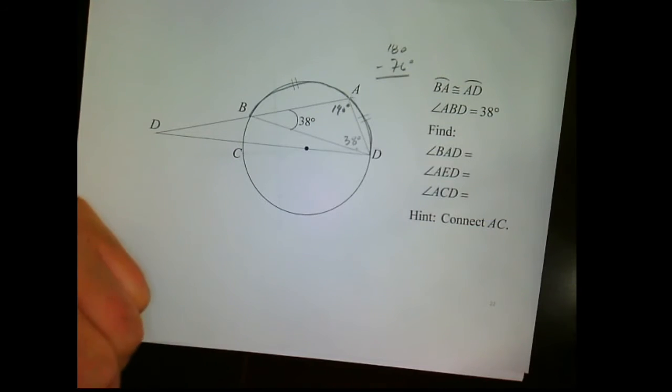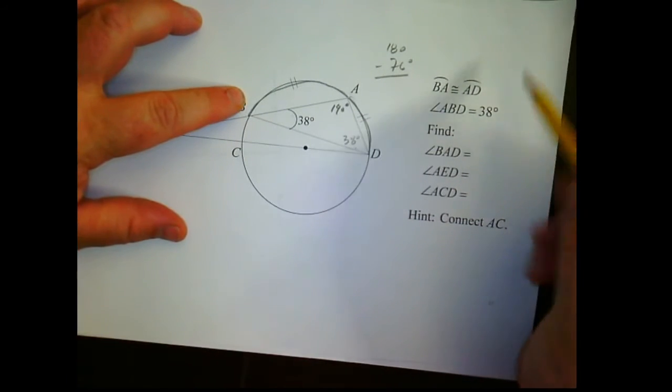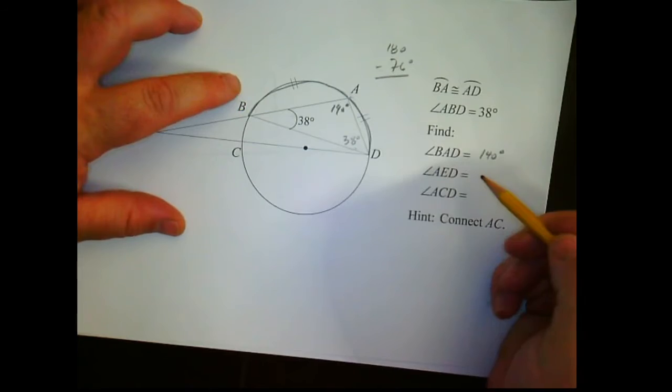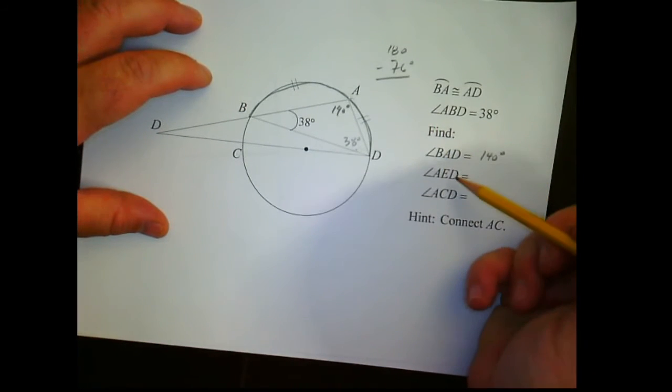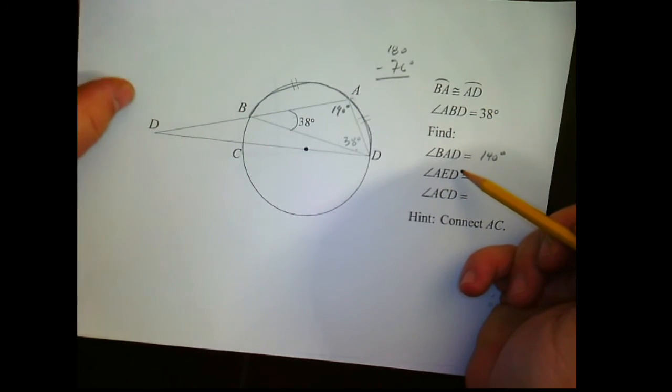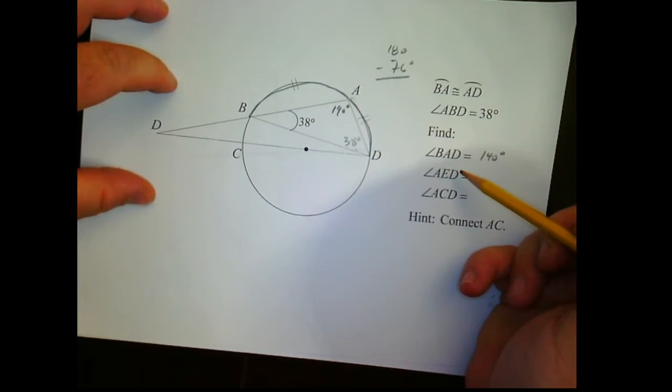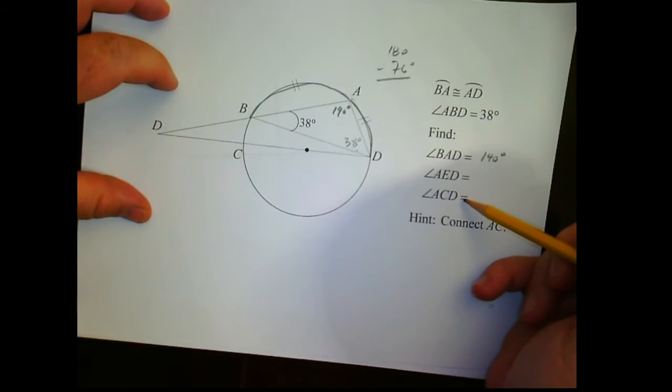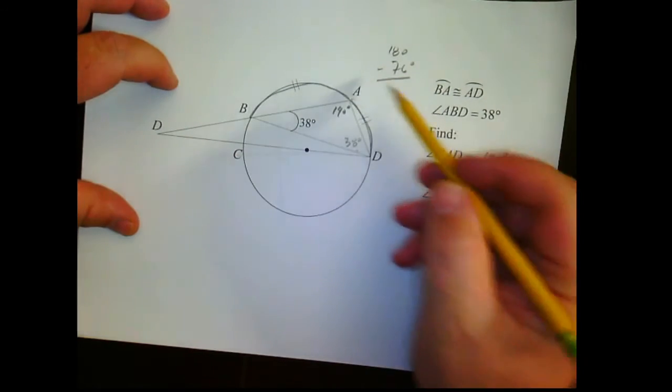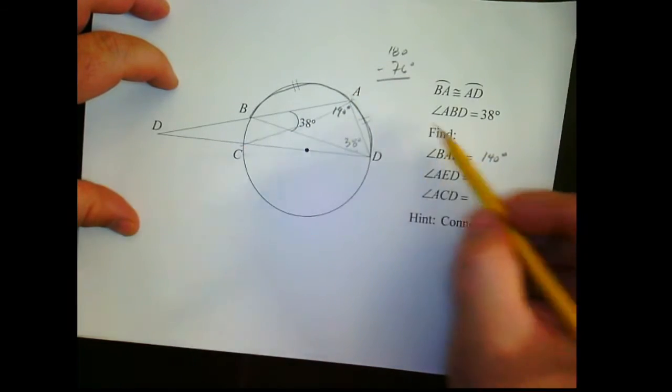All right. So let's see. BAD, we got 140. AED. Wait, where's the E? I don't see an E. Okay, ACD. That would be this one right here. We don't have that on there.